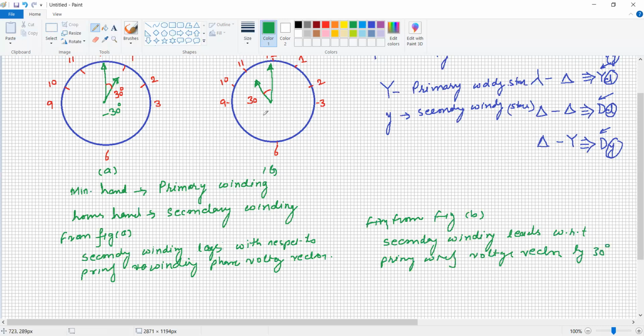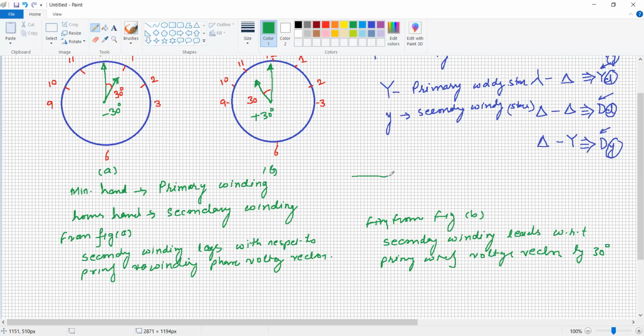So it is a plus 30 degree because the minute hand represents the primary winding voltage, the hour hand represents the secondary winding voltage vectors, isn't it? So here it is lagging, always anti-clockwise direction we will measure.